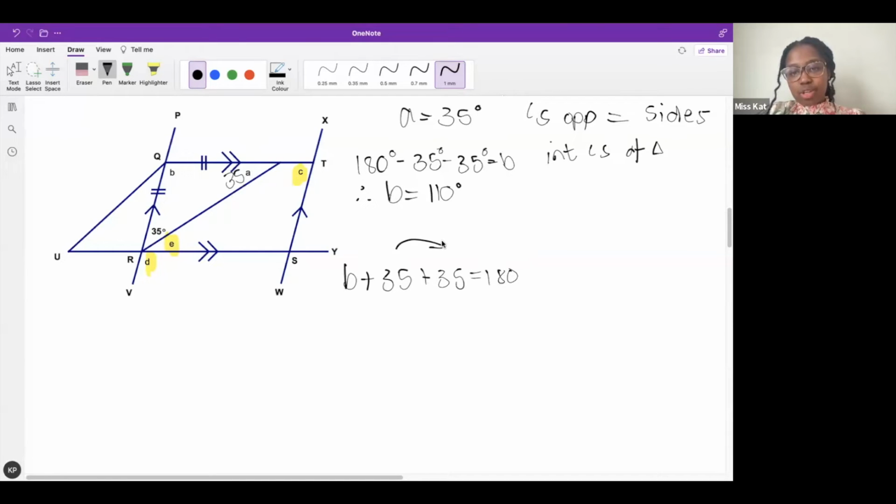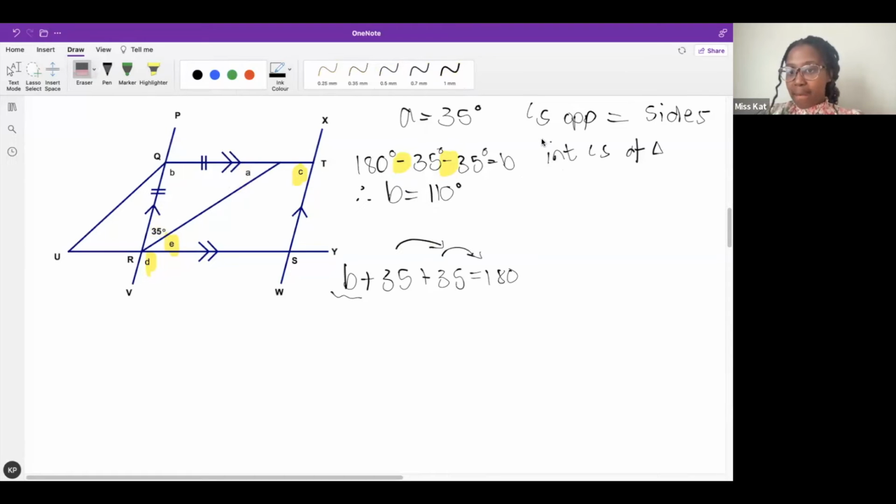Then these two 35s have to go to the other side because you want to get B on its own. As they go over the equal sign, they both become negative. So it's minus the first one, which is that one over there, and minus the second one, which is at A. I hope I've answered your question.